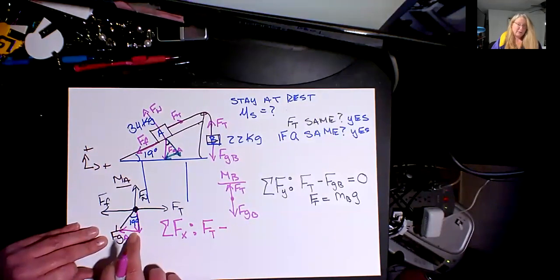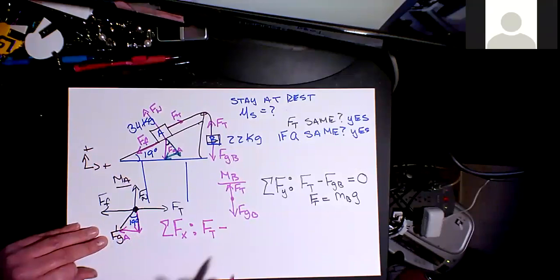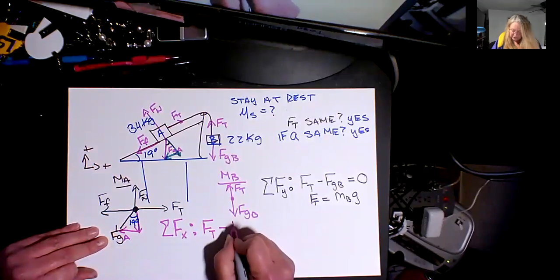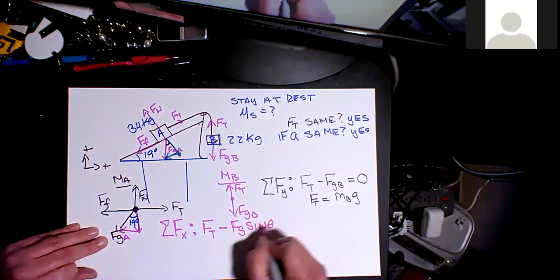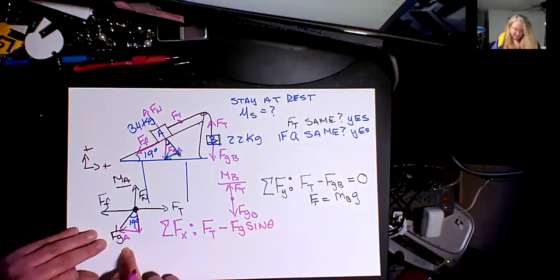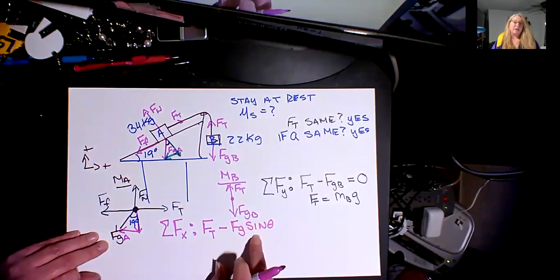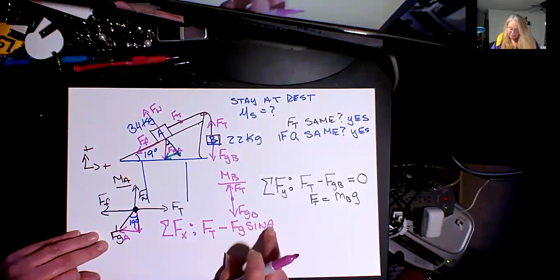What trig function would I use here? It's opposite. Perfect. So you would use sine. Perfect, yeah. So FG sine theta. It's the only thing at an angle, so I'm not going to worry about naming what that angle is other than theta.